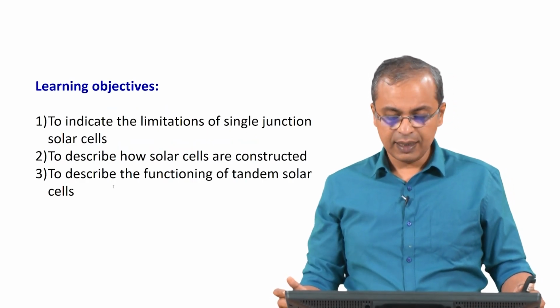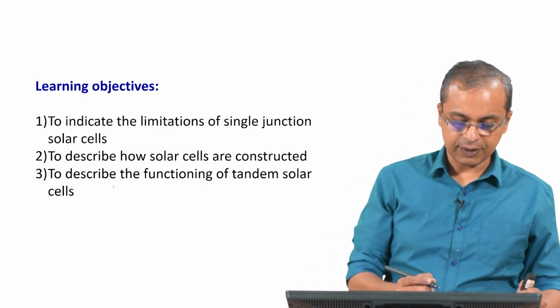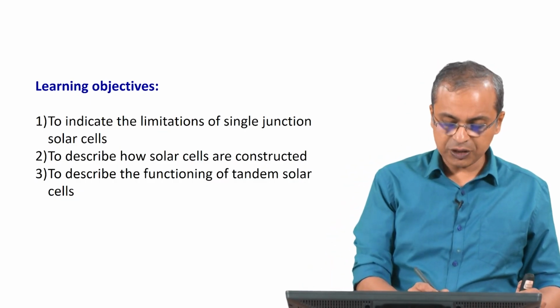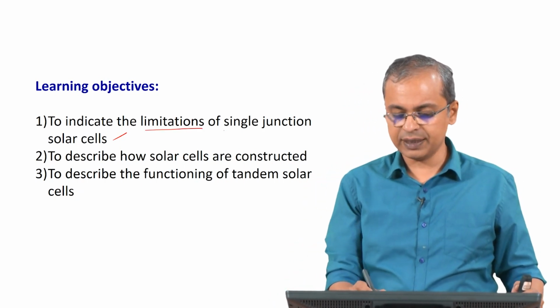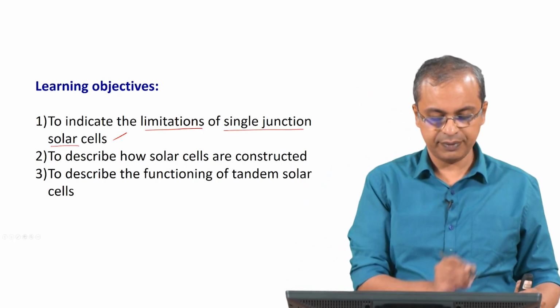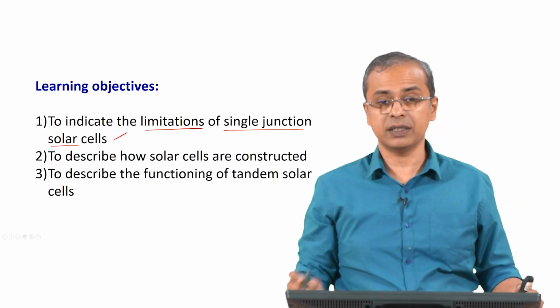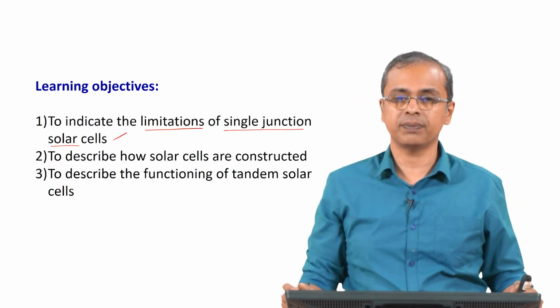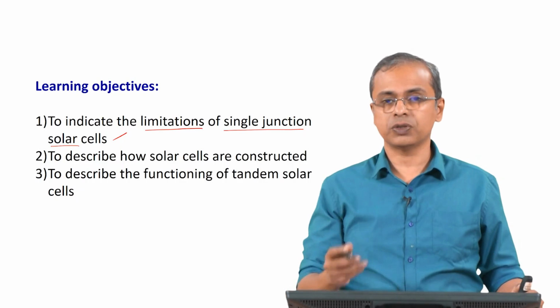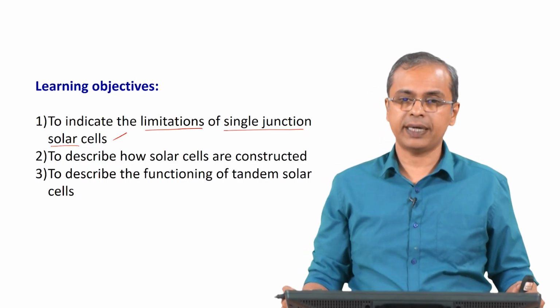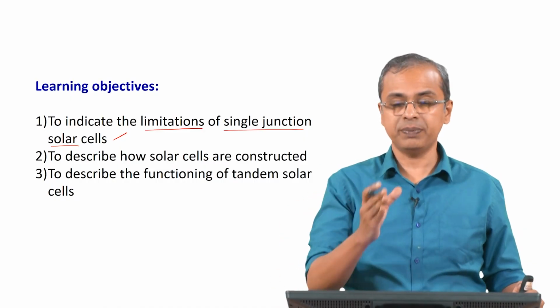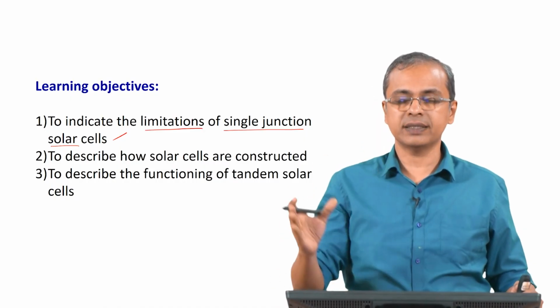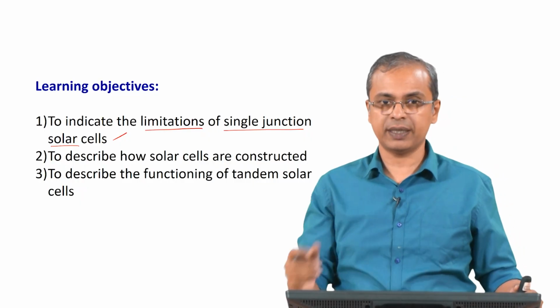In this context, our learning objectives for this class are the following. We will start by looking at the limitations of a single junction solar cell. Single junction solar cells, which is what we have discussed for the most part of this course as it relates to photovoltaic activity, have a single PN junction in that solar cell, and that is how we are capturing electricity.